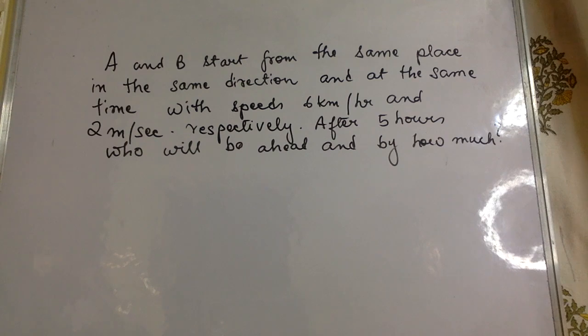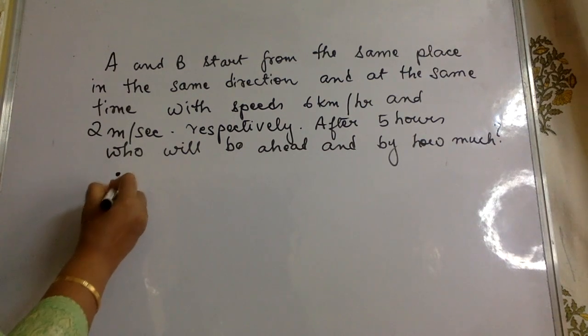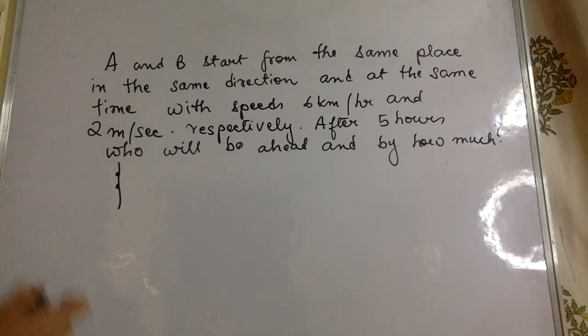Okay, so this is our next question, where A and B start from the same place in the same direction and at the same time with speeds. Now if you note the speeds, one of the speeds is 6 kilometers per hour, another one is in meters per second. Okay, so after 5 hours, who will be ahead and by how much? So here we have A starting and B starting at the same place and at the same time.